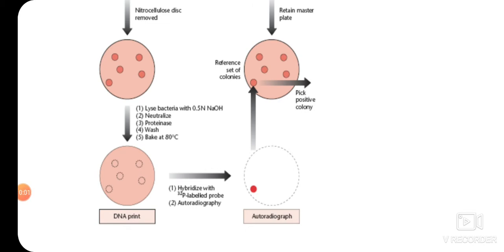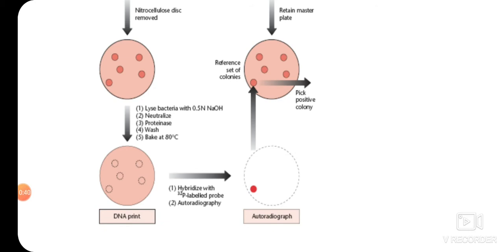Then they wash it and bake it at 80 degrees centigrade, so that whatever is left after washing is mostly nucleic acids from those bacterial cells at the same positions. When they bake it, these nucleic acids get firmly adhered to the nitrocellulose membrane. This membrane is now called a DNA print of those colonies, and it can be subjected to hybridization with P32 labeled probes for the specific target DNA sequence.